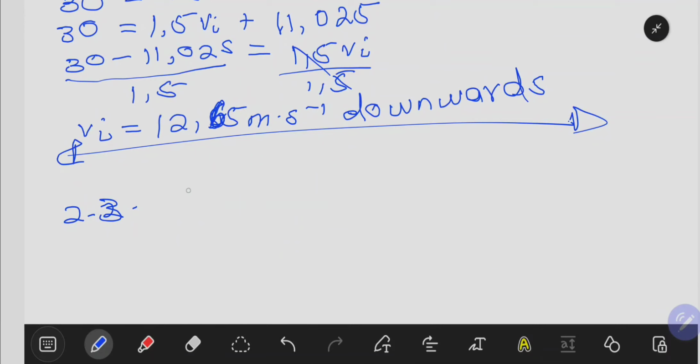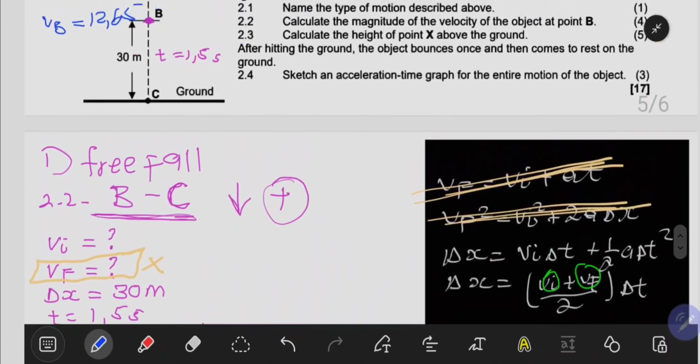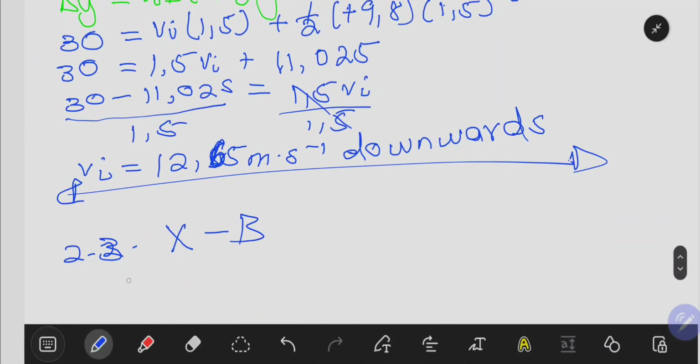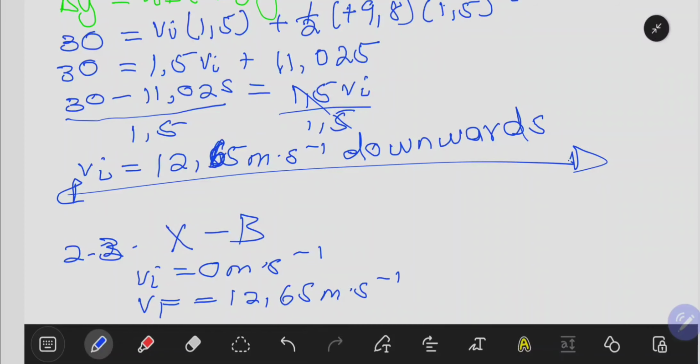If we consider the path from X to B, we know that the initial velocity at X, our v initial, is equal to 0 meters per second. Then the final velocity at B is 12.65 meters per second.